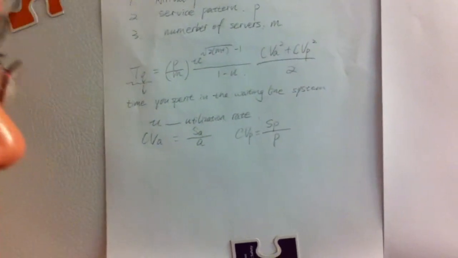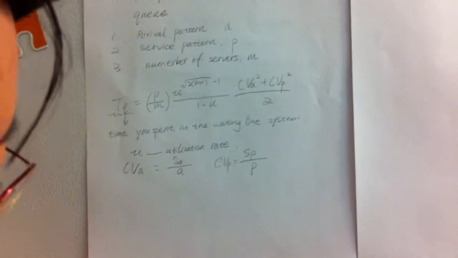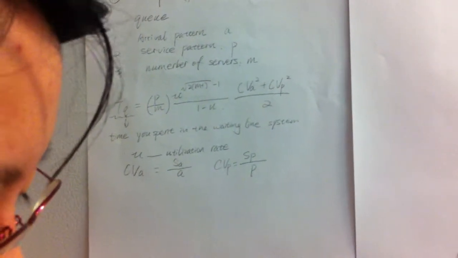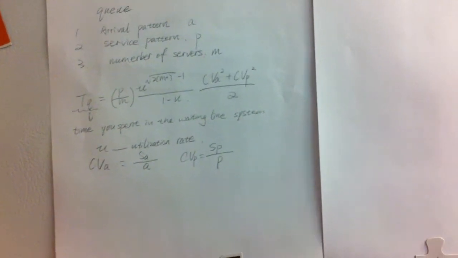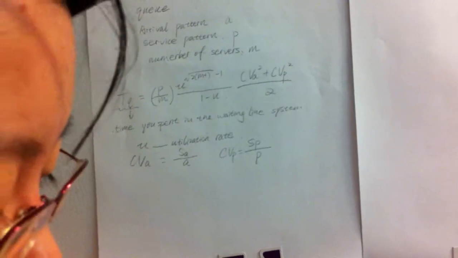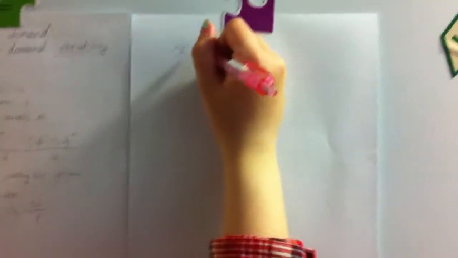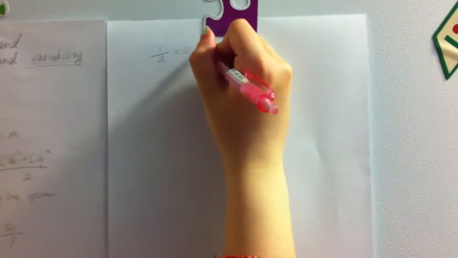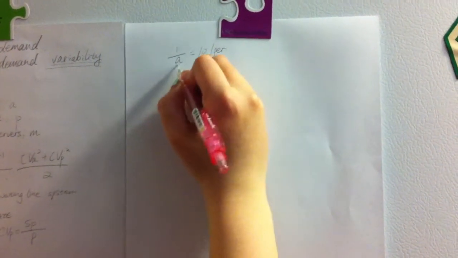Now, on average, there are 10 customers per hour for the checkout line. This gives us the arrival rate. Every hour, there are 10 customers. So 1 over A is 10 per hour. This is the arrival rate.